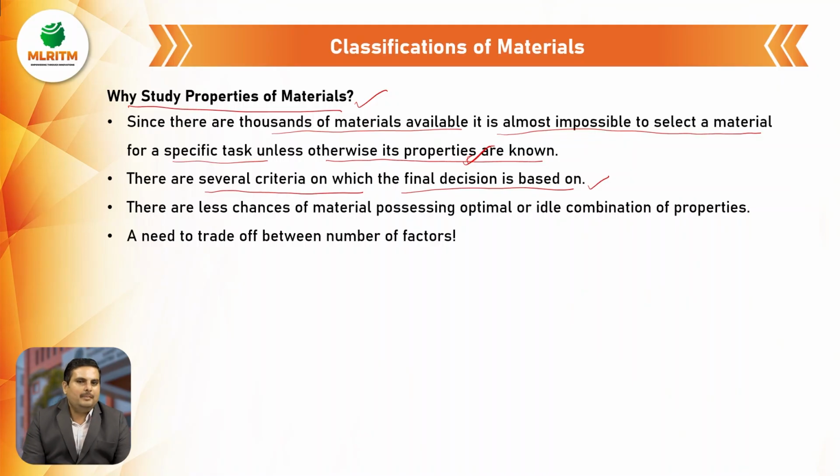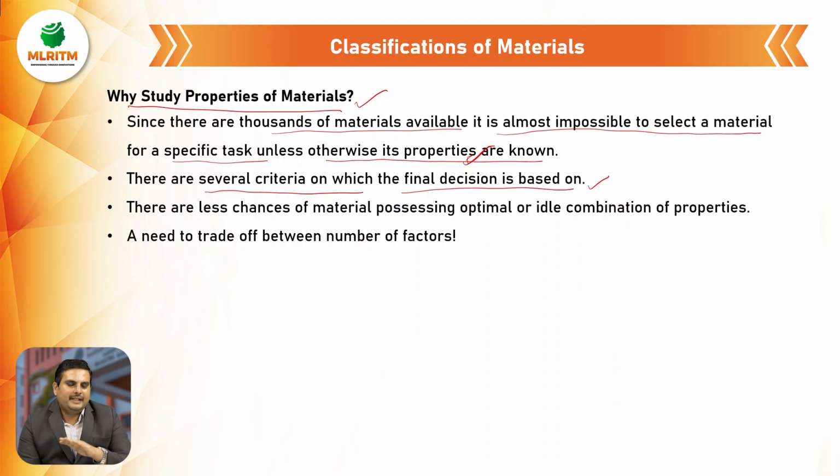For example, if a material is working under normal atmospheric conditions, we will choose one kind of material. Whereas if a material is undergoing different kinds of loads, for example flexural loads, it experiences both tensile and compressive loads. For example, a connecting rod experiences tensile and compressive loads simultaneously. So though it is working under normal atmospheric conditions, we have to choose different material properties.